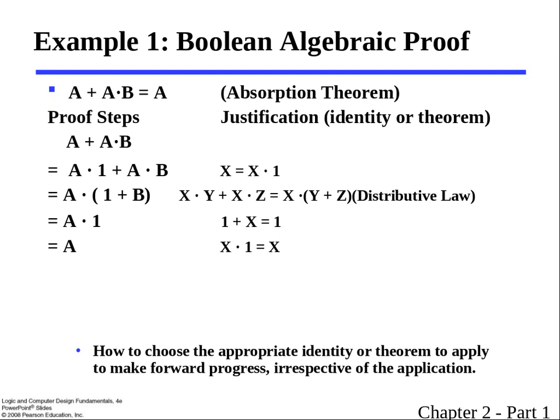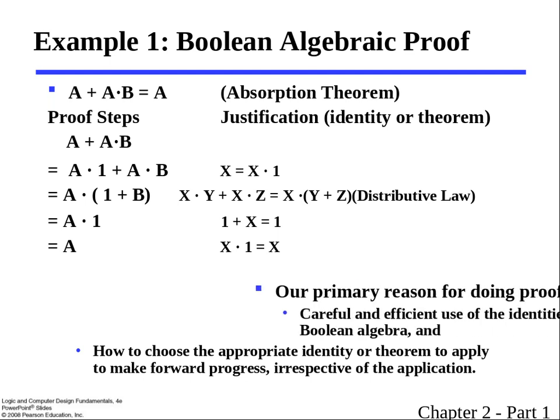When you first look at that, it may not be apparent to you that that's just A. By using this theorem, we've proven that it has to be A, which is why this is important.